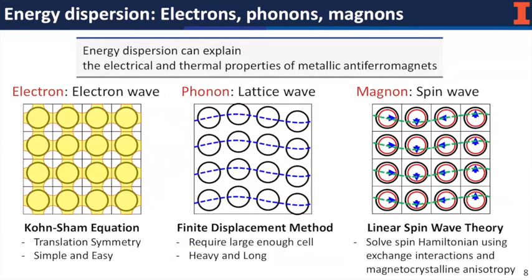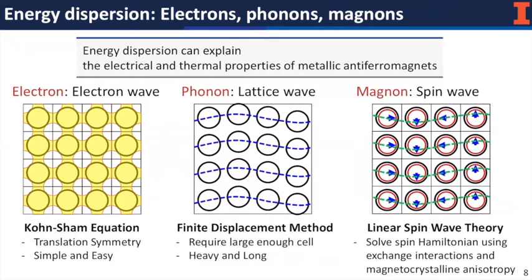The next quantity we want to know is the energy dispersion of metallic antiferromagnets, which can explain their properties and energetics with excitations. Antiferromagnets consist of 3 quasiparticles: electron, phonon, and magnon. An electronic band structure can be obtained from the Kohn-Sham eigenvalues from DFT calculation.